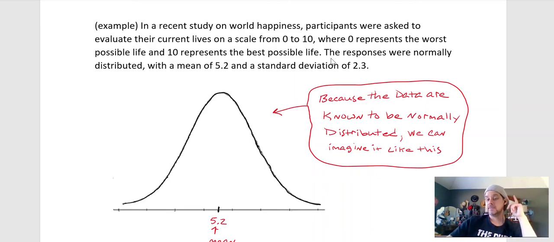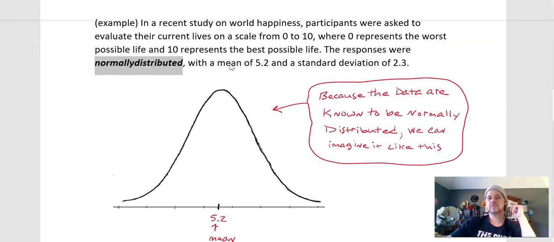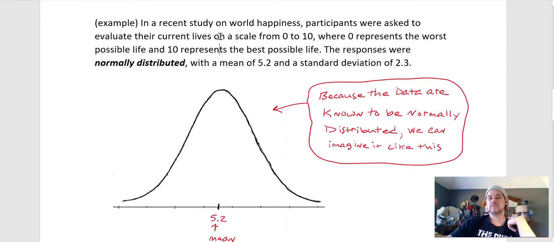The responses were normally distributed. So we'll always look out for that. When something is normally distributed, that tells us a lot. That tells us we can use the tool of the normal distribution to explore the data, maybe make some predictions about it and so on.